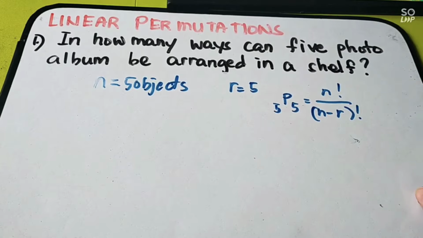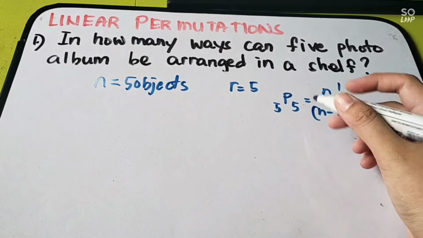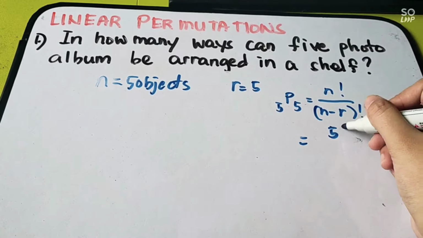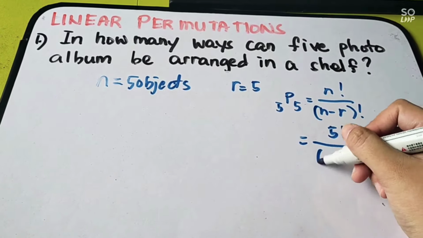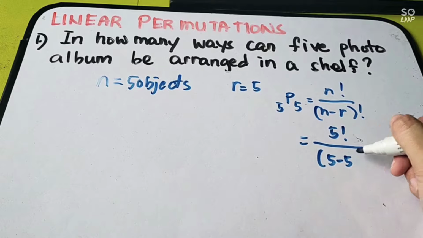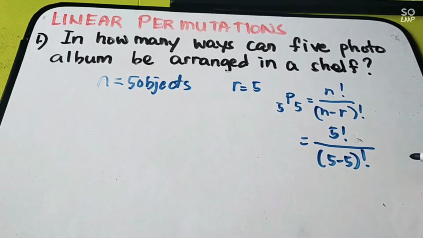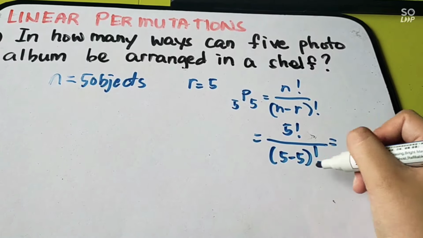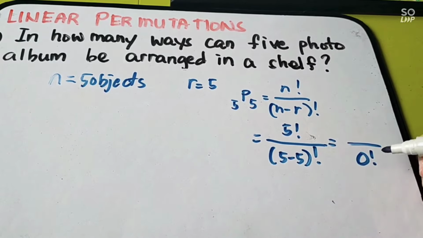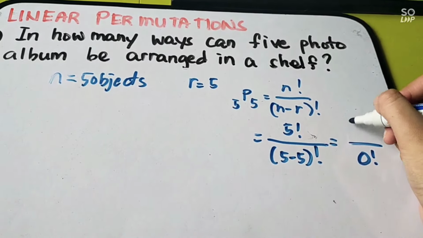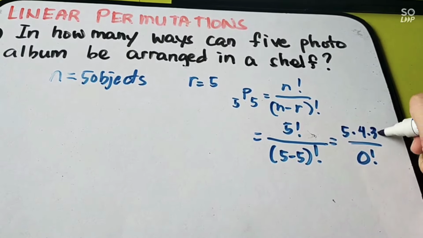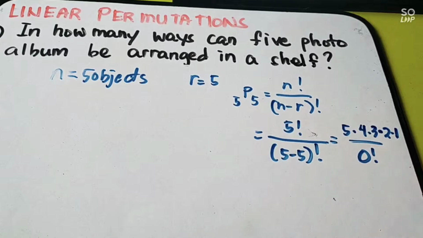That is our formula. So, just substitute our n, we have 5 factorial over 5 minus 5 factorial. This is equal to, 5 minus 5, we have 0 factorial, and then 5 factorial meaning 5 times 4 times 3 times 2 times 1.